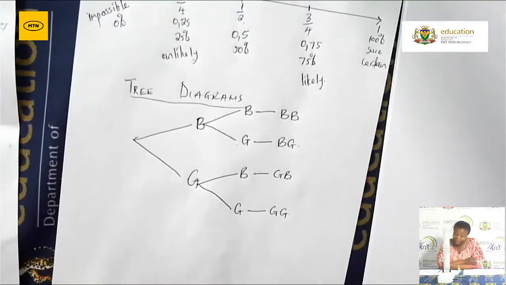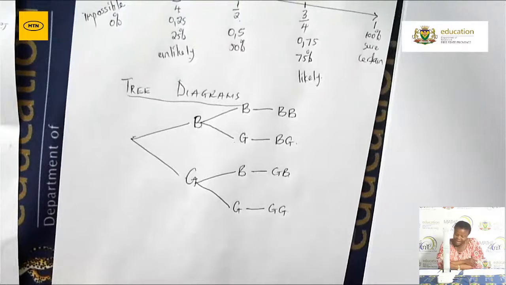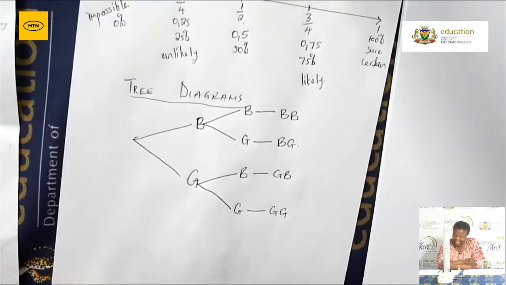And there may be a question saying, what are the chances that Mme Ramokgethi will have 2 children of the same gender? Remember, the question didn't talk about either boy or girl. It says the same gender. The same gender means 2 boys, or 2 girls.